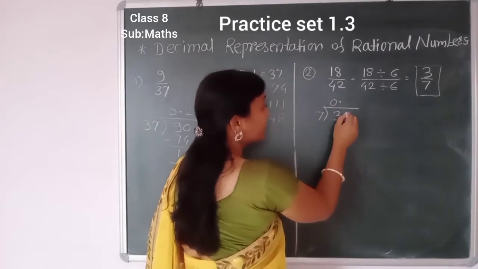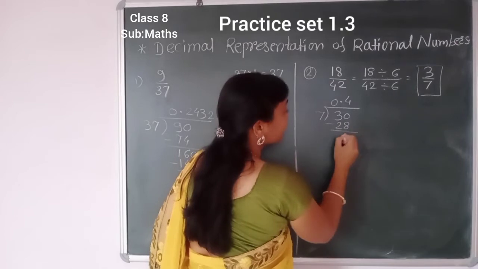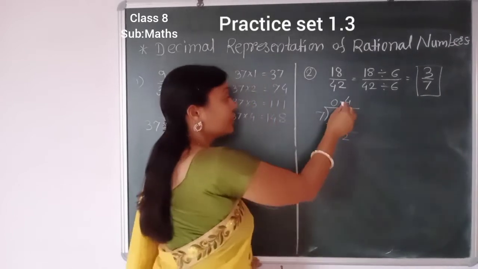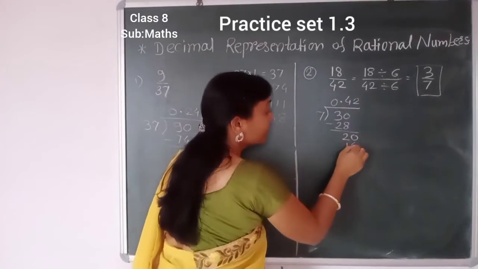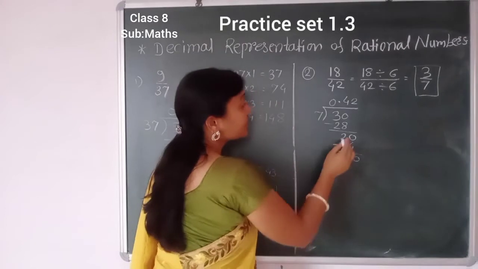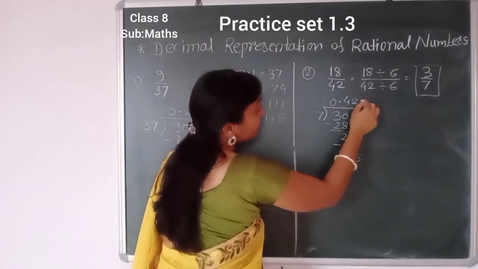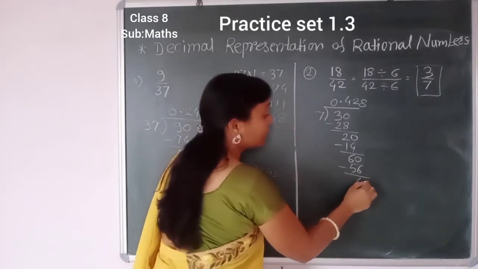Take point 0, 7 fours are 28. We get remainder 2. Then again take 0, 7 twos are 14. We get 6. Again we take 0, 7 eights are 56. We get 4.